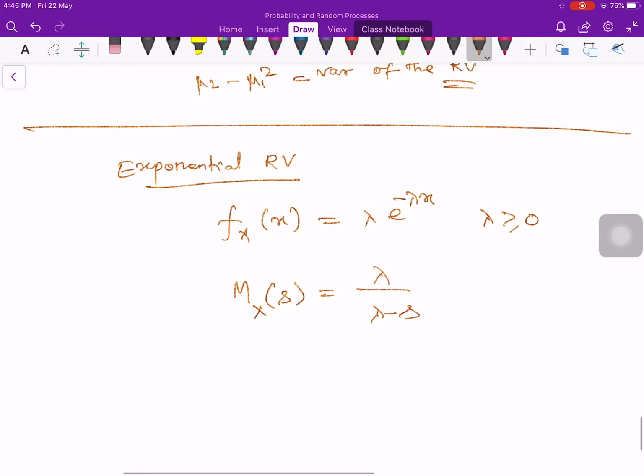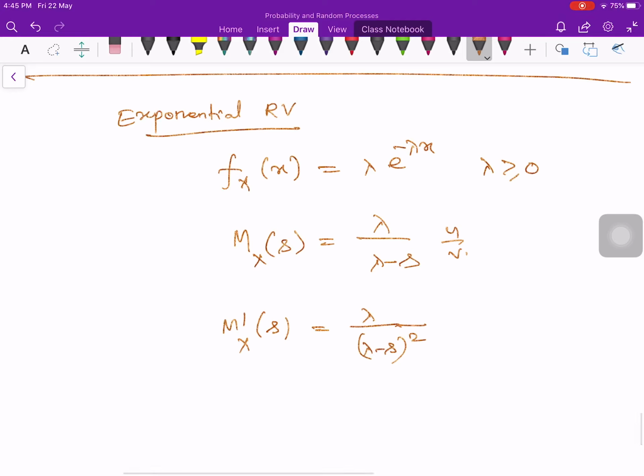Now take the first derivative of this, M prime of s with respect to s, using the u by v formula. If you differentiate once, we get lambda divided by (lambda minus s) whole squared. Now substitute s equal to 0, therefore this is lambda over lambda squared, which is 1 over lambda.